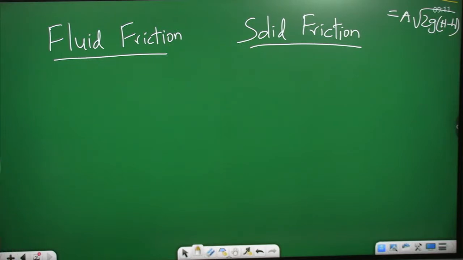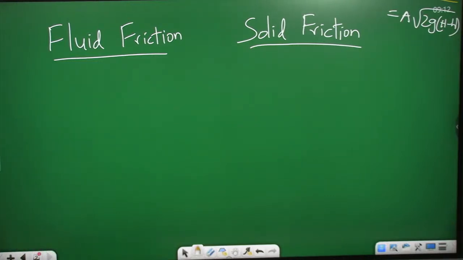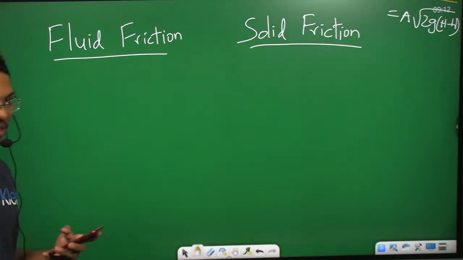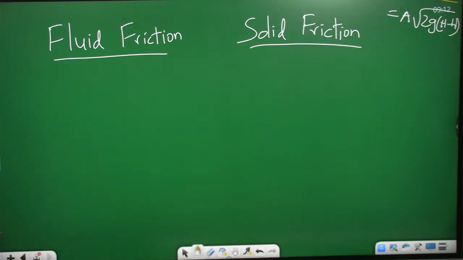One point that basically differentiates fluid friction and solid friction, if we can recall. Does solid friction depends on area of contact? So my question is, does solid friction depends on area of contact? Depends or not? How about fluid friction? Does fluid friction depends on area of contact?